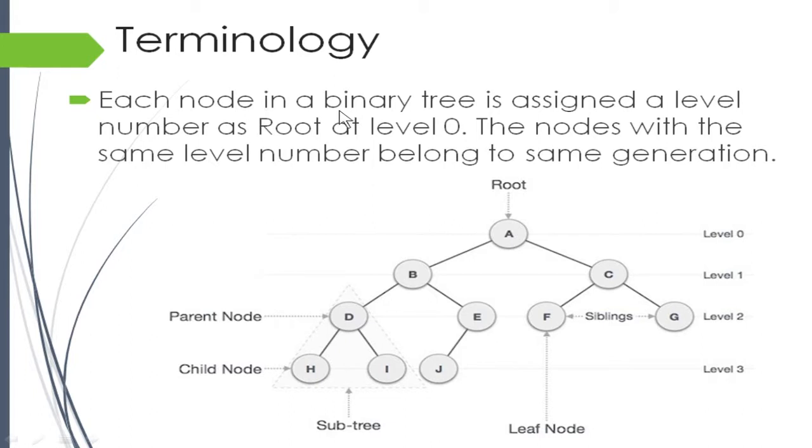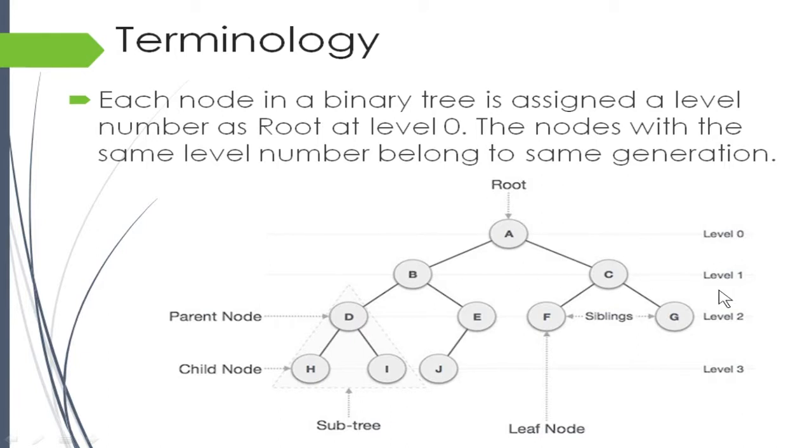Each node in a binary tree is assigned a level number, with the root at level 0. You can see a level number is given for each level, like generations. So the first level is called level 0.